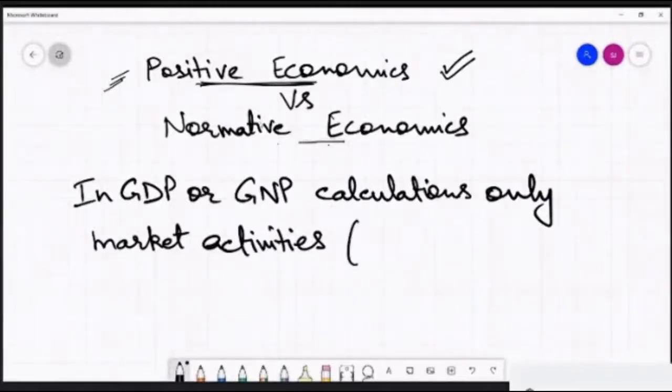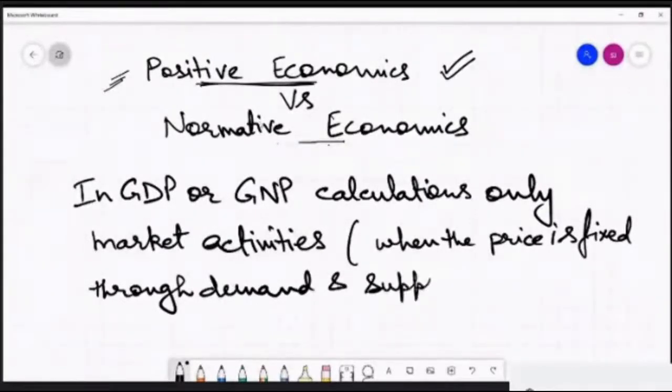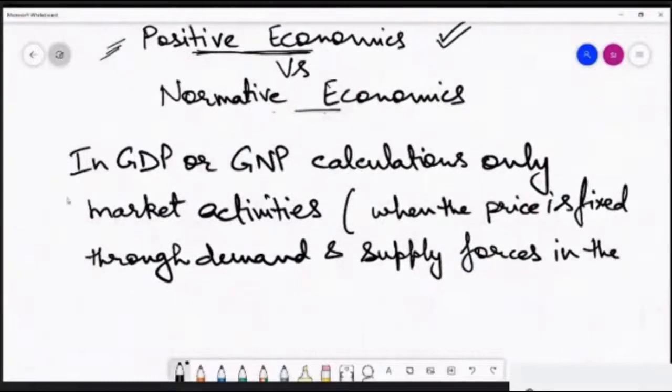That means when the price is fixed through demand and supply forces, in the legal market between buyers and sellers.